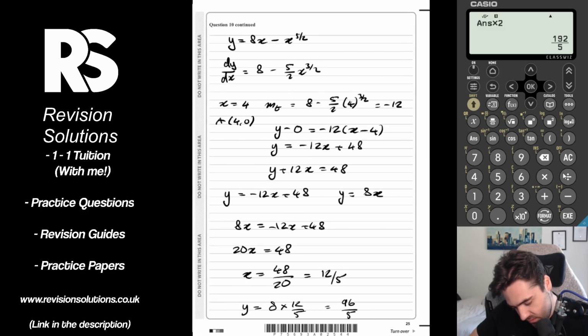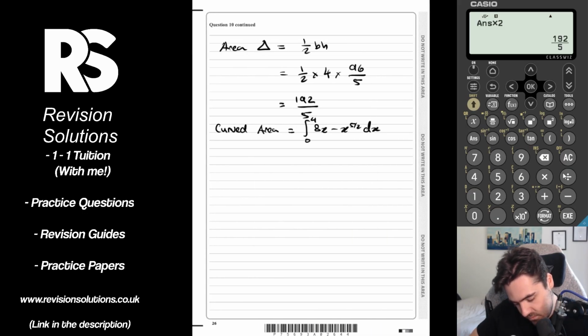Sorry, let's just check again. Yeah, 0 to 4. Good. So integrating this, 8x to the 1, raise the power goes to 2, and divide by that gives us 4x squared. And then on the x to the 5 over 2, raise the power once more, that's 7 over 2. Divide by 7 over 2, that's the same as multiplying by 2 over 7. So minus 2 over 7 x to the 7 over 2, evaluated between 4 and 0.